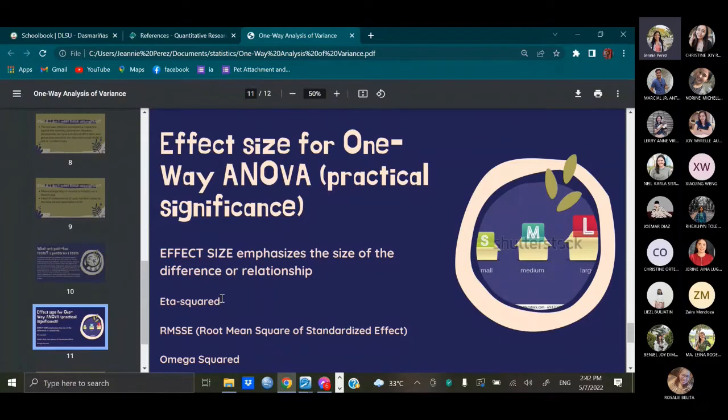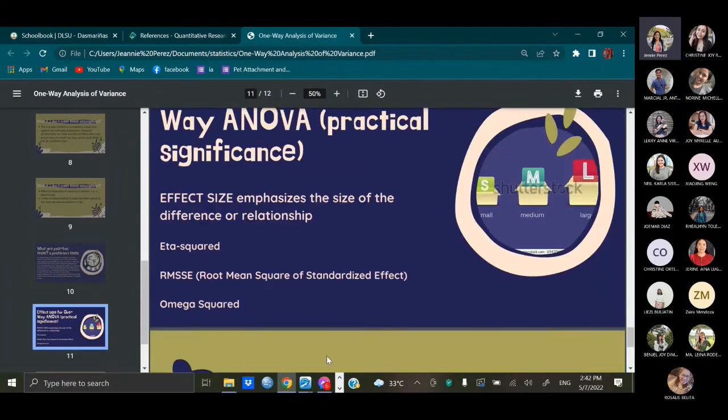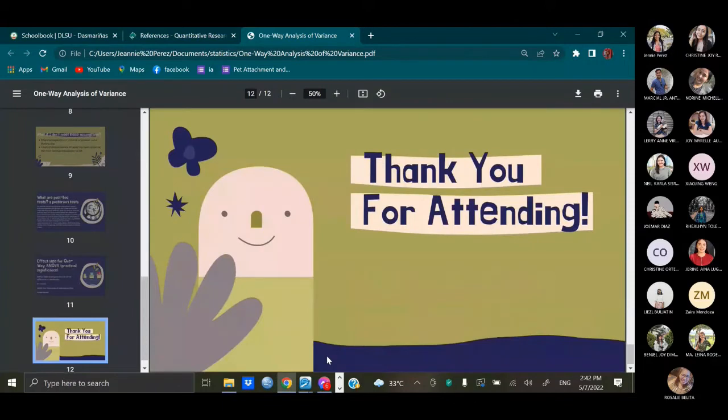And this is an estimate of the sample. Okay, yung sample mo, the actual data that you are gathering. Then the omega squared, however, is an estimate of the population. Well, we will understand this more when we do an actual testing.